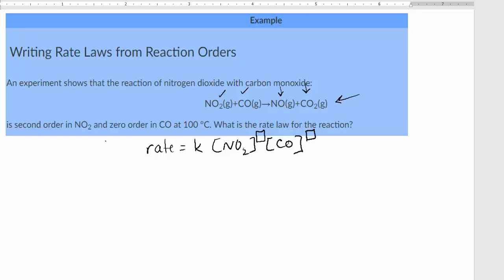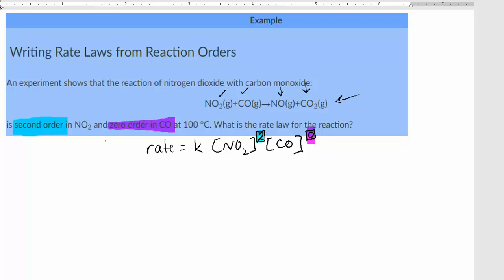So we're told that this is second order in NO2. So that means this second order part is going to affect this exponent, and it will be a 2. It says also in our problem that we are 0 order in CO. So that's going to affect this exponent, and this exponent will be a 0.